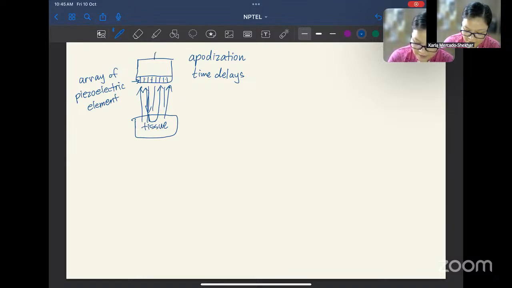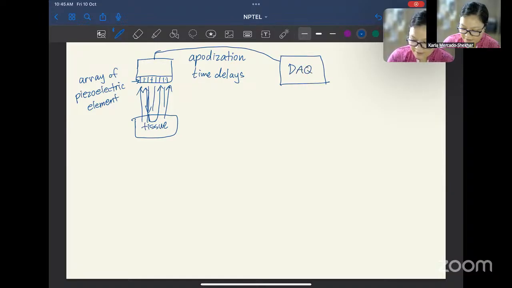So then all of this is done electronically, right? So of course, this is being controlled by your system right here. You have some data acquisition system here. You will have some TGC, time gain compensation.